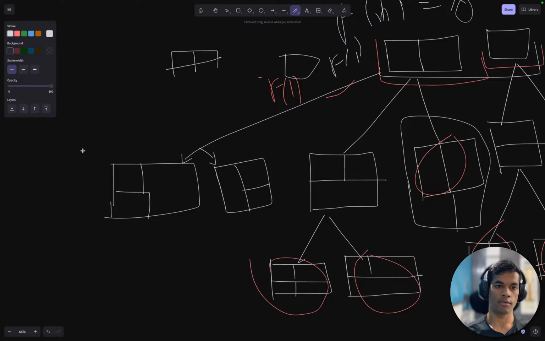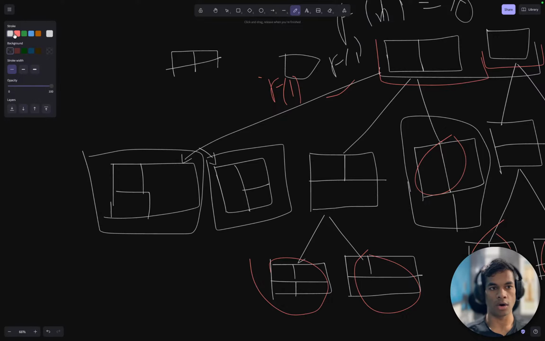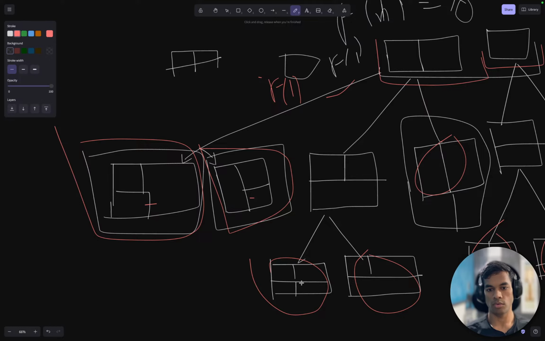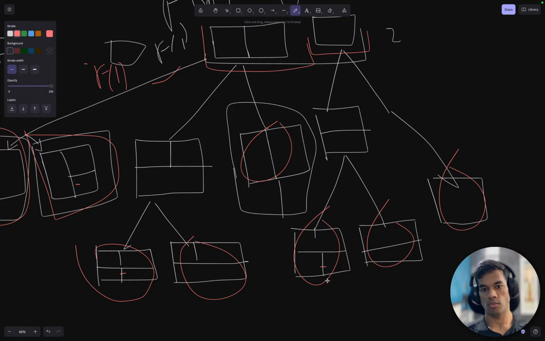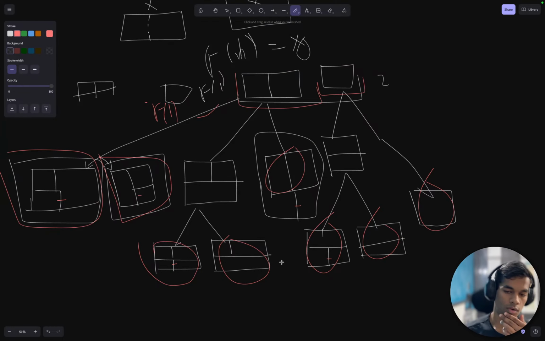So in total, we have 8 leaves now, and let's actually count how many of them have a vertical line and how many of them don't. This one has a vertical line, and so on: 1, 2, 3, 4, 5. 5 of them have a vertical line while 3 of them do not have vertical lines. So we cannot say the ratio is 50-50. That would be wrong.